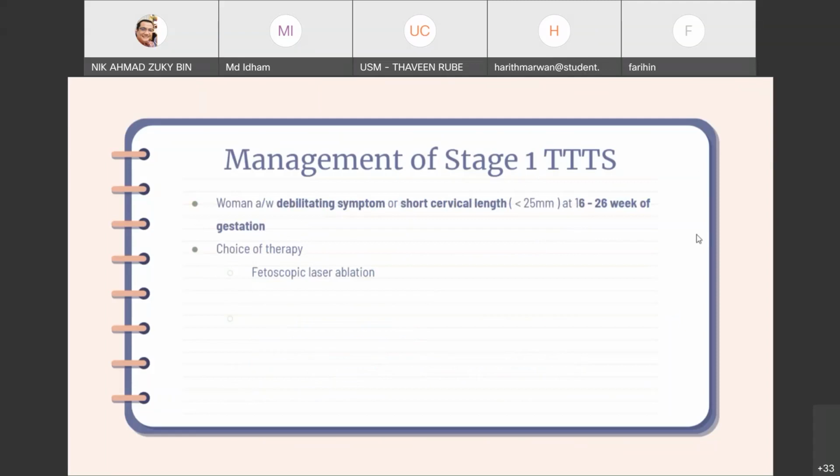If the woman has stage 1 twin-to-twin transfusion syndrome associated with debilitating symptoms or a short cervical length, which is less than 25 millimeters at 16 to 26 weeks of gestation, the choice of therapy will normally be fetoscopic laser ablation.